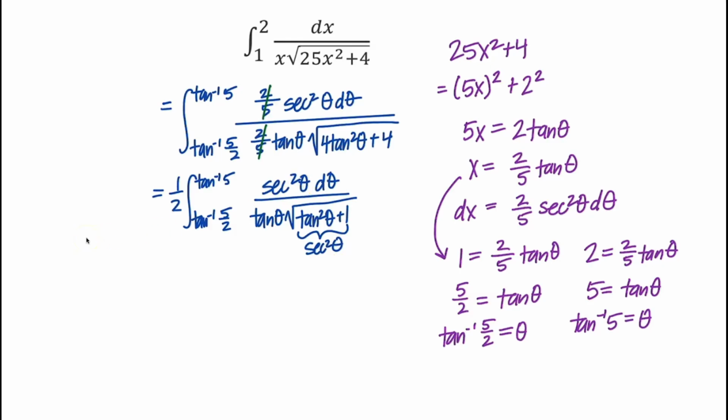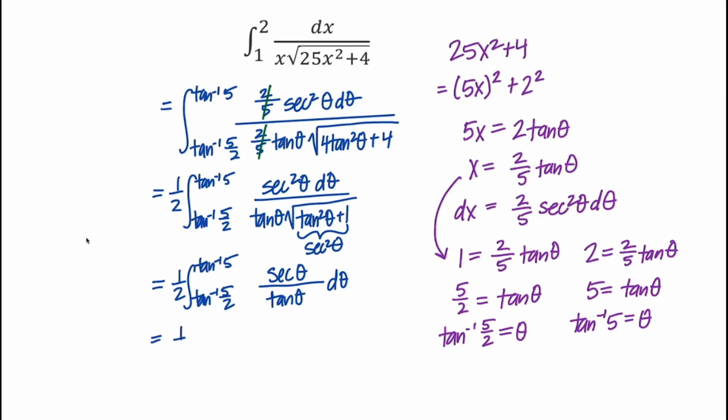And so we're going to end up with 1/2 the integral from tan inverse of 5/2 to tan inverse of 5 of just one copy of secant theta on the top, and then one copy of tangent theta in the denominator.